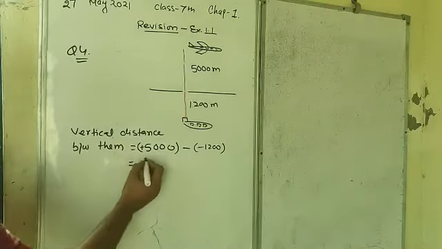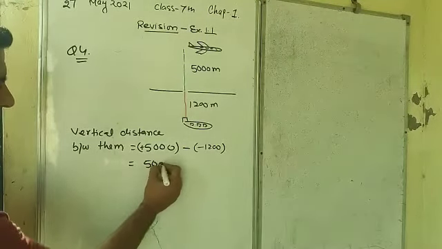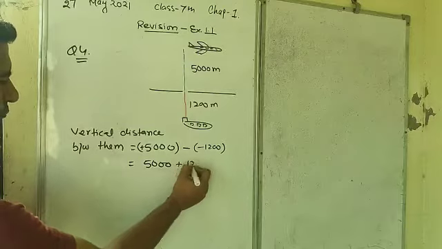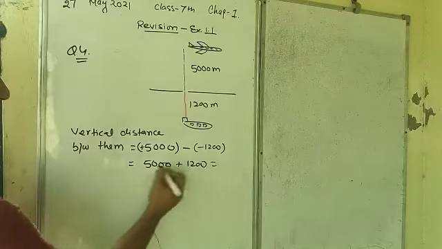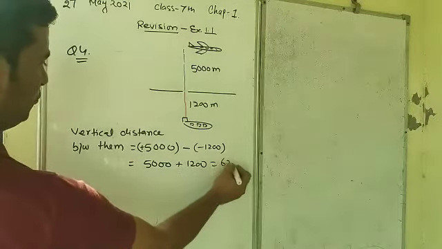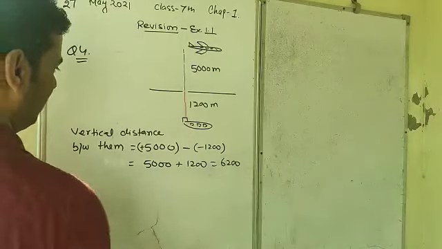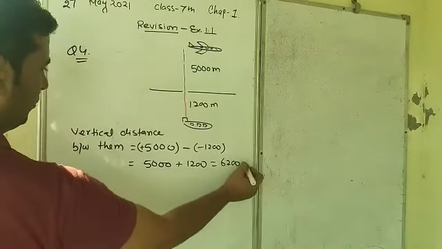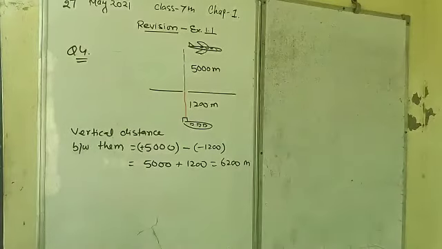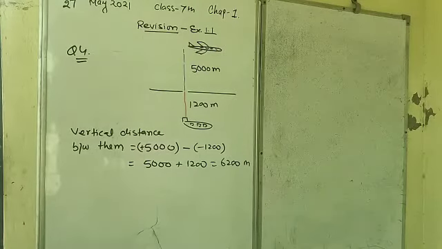So now how to solve it? 5,000 minus (-1200), so 5,000 plus 1200, 6,200 meters. Okay. So this is your question number 4. Now come to question number 5.